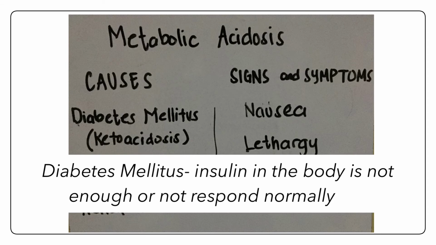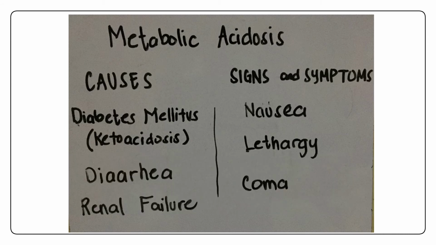Now in a patient with diabetes mellitus, the body does not produce enough insulin, or the insulin does not work well. Therefore, there is no energy produced since the sugar or glucose is in the blood and not in the cell. Now why will diabetes mellitus have an ABG of metabolic acidosis?